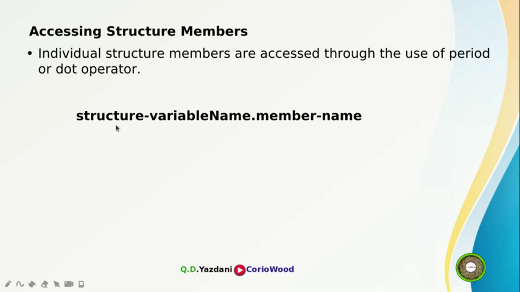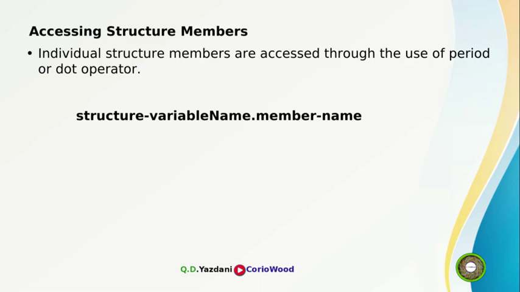So you put your structure variable name, then your dot, and then a member name. Whatever member names you want to put, say in the case of birthday, you put birthday dot day, birthday dot month, birthday dot year.